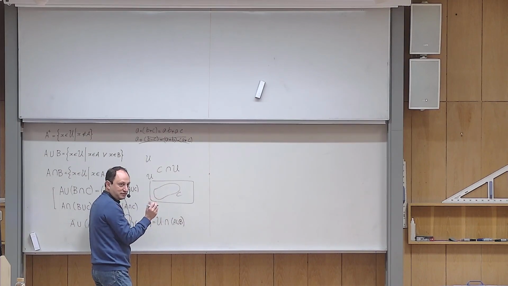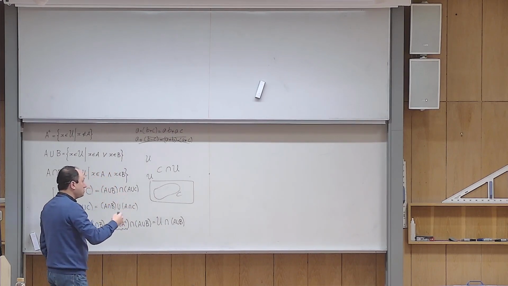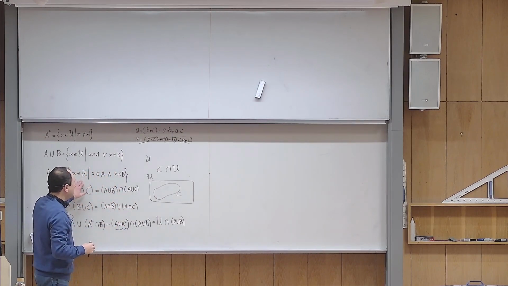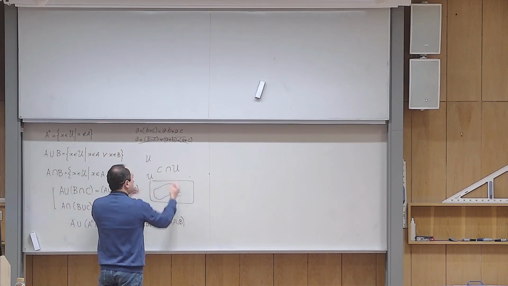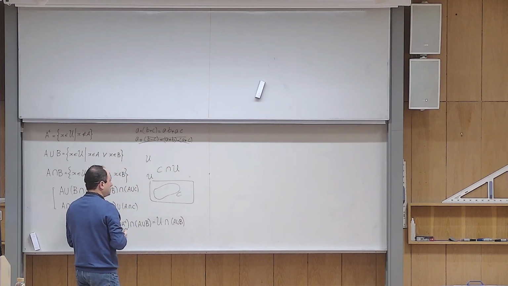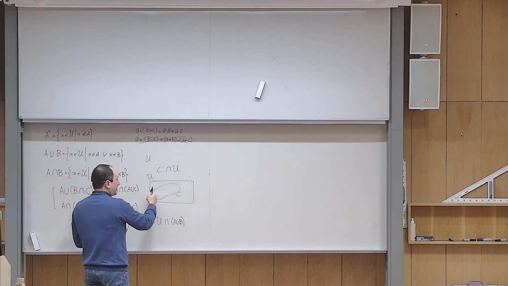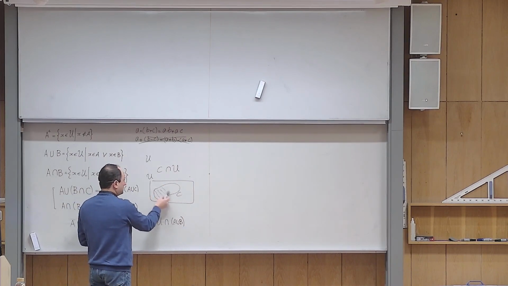Intersection means overlap. If I want to say a very simple word for that, it means that I have U and I have C, and I want to look for the overlap between this rectangle and this picture here. The overlap is exactly this one.